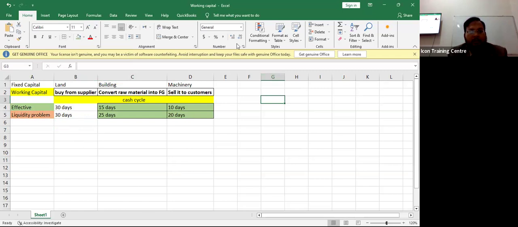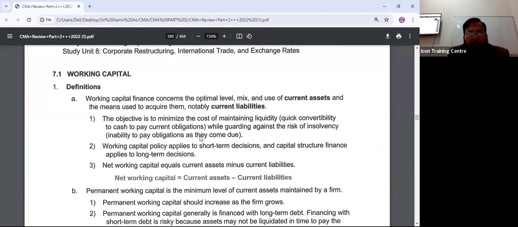So now let's begin with this. The objective is to minimize the cost of maintaining liquidity with convertibility to cash to pay current obligations, while guarding against the risk of insolvency, the inability to pay obligations as they come due. Now, the purpose of the working capital cycle is to manage the things I have told you.